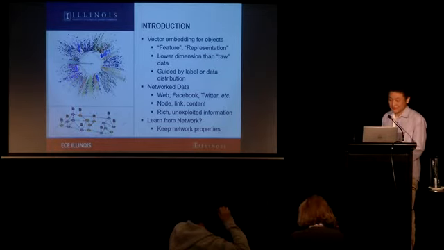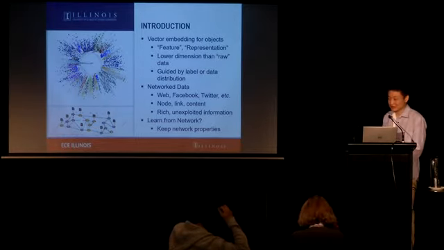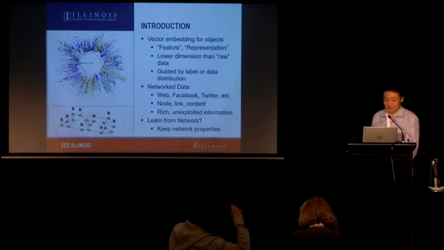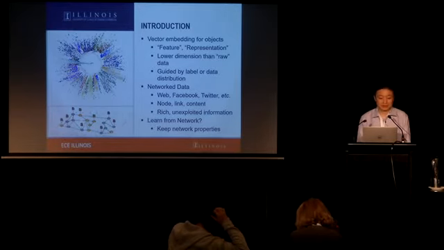So first, I think everybody is familiar with vector embedding for certain kinds of objects. That's basically the first idea of doing data analysis. Everything in the real world needs to be represented as a vector to start with any machine learning or data mining algorithm. We also call this kind of vector representation features or representations.